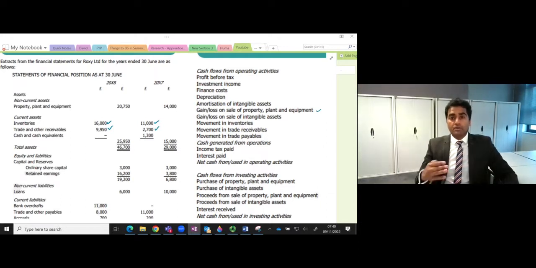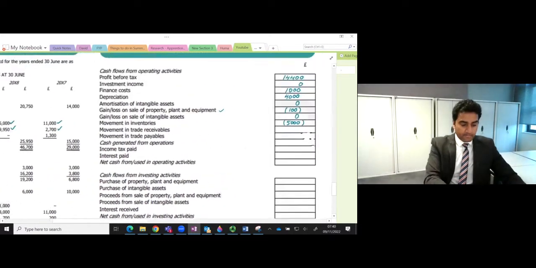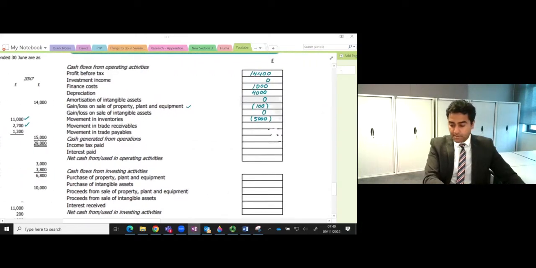I am selling on credit, but I'm not collecting money from my receivables. So from cash flow point of view, it is not a good sign that my receivables are increasing. That means my cash is tied up outside the business. So again, it's a negative figure in the cash flow. So 9,950 take away 2,700, and it is 7,250.